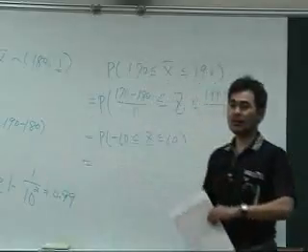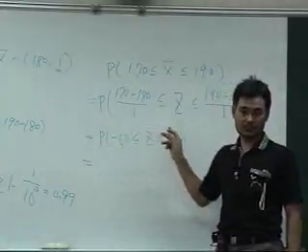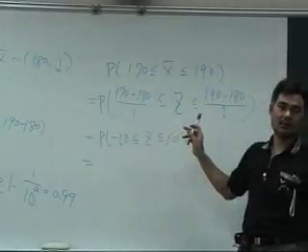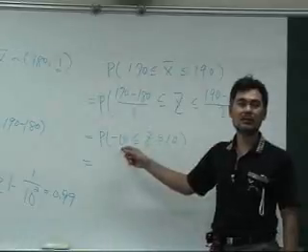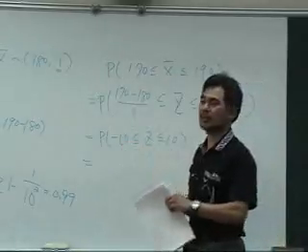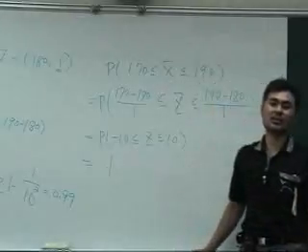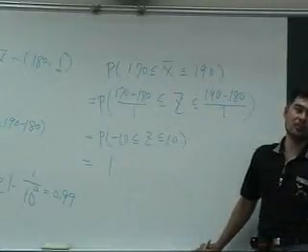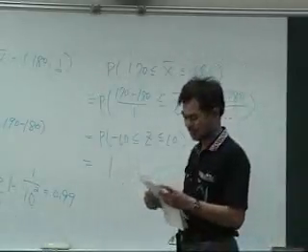As you may know, if it is 3 here and minus 3 here, you get 0.9-something. But here it is 10 and negative 10. So what is the probability? It is equal to 1. So for those who put down 0.954, that is wrong. The probability is equal to 1.